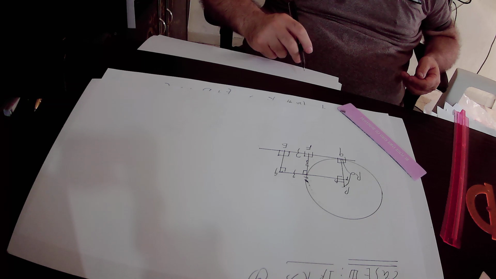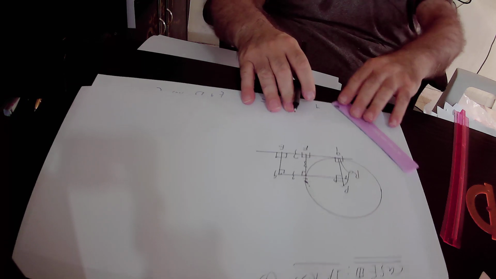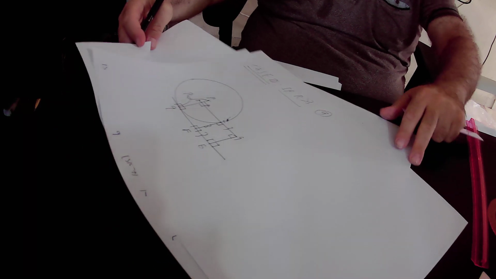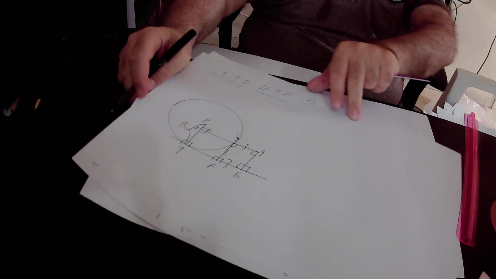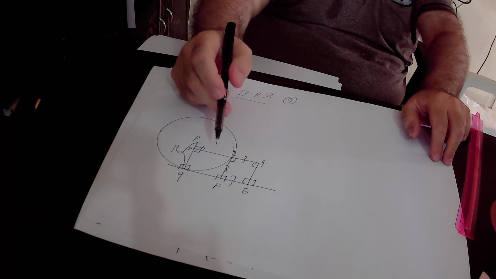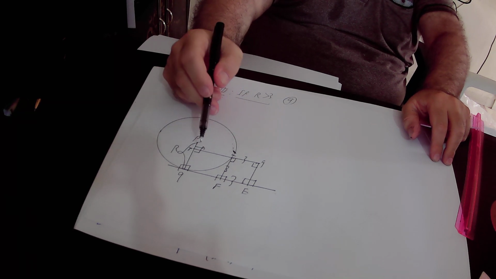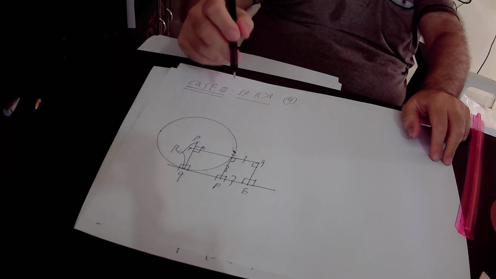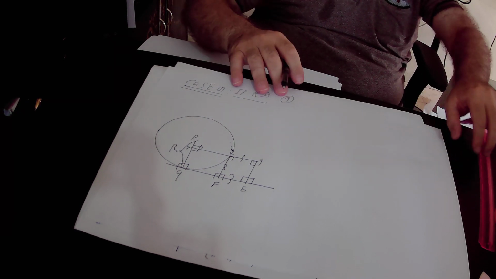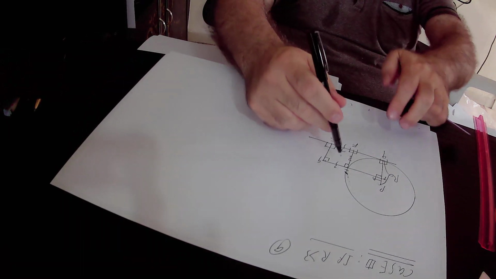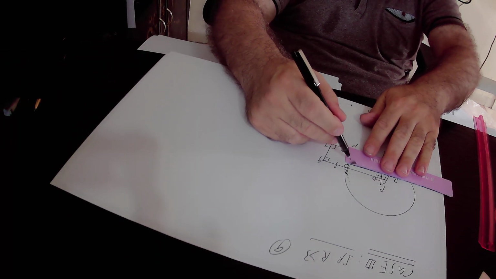So inside quadrilateral PLQF, this quadrilateral, we have 1, 2, 3 right angles. Therefore, the fourth angle must be also equal to 90 degrees. So this angle equals 90 degrees.